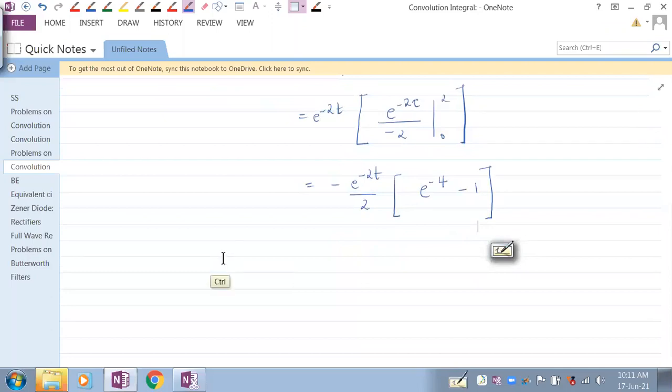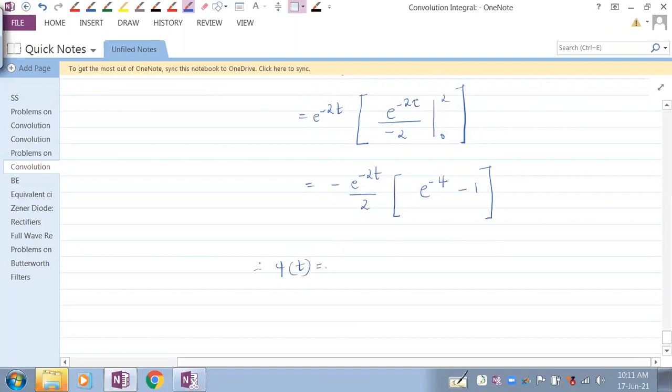Understand that? So therefore we can write our y of t as e power minus t by 2 times 1 minus e power minus 4. Fine. And this is for t greater than 2. So this is your third case. So we have 3 cases.